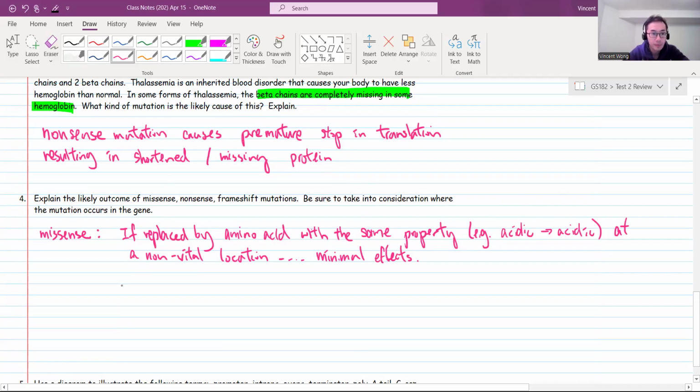Okay, so that's the first point. More severe outcomes if it happens in an active site or recognition site.